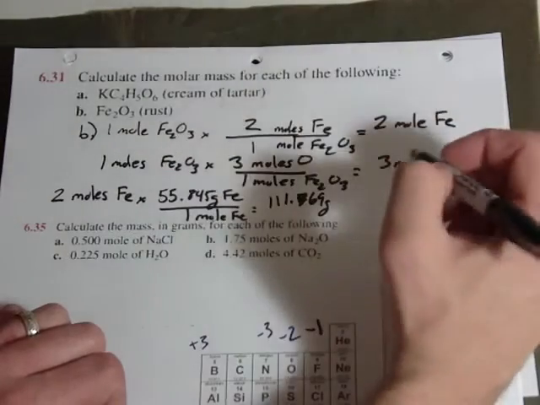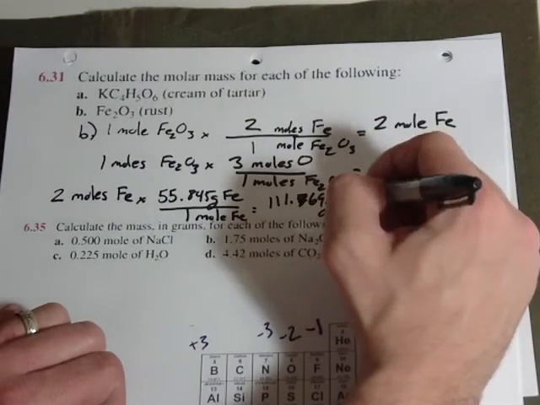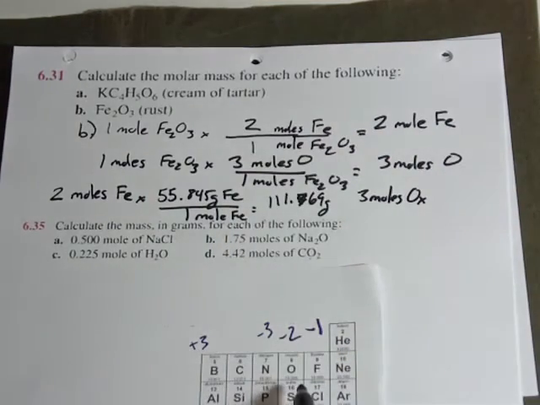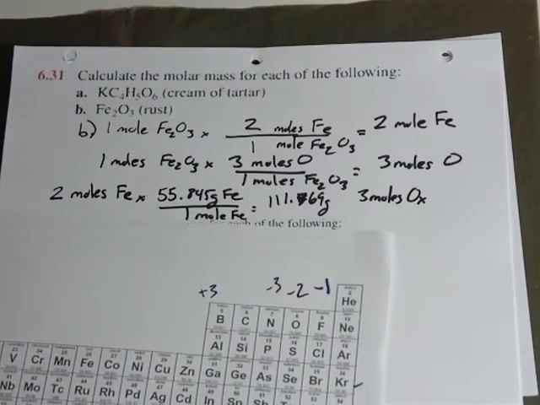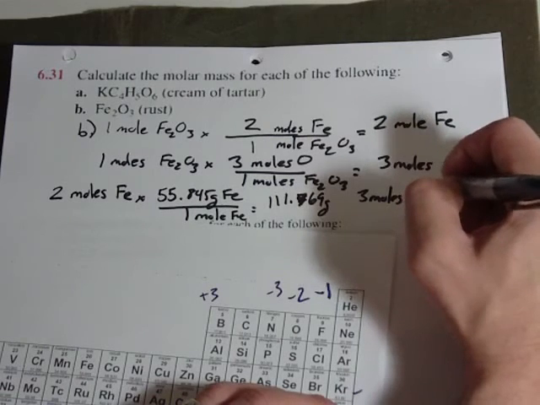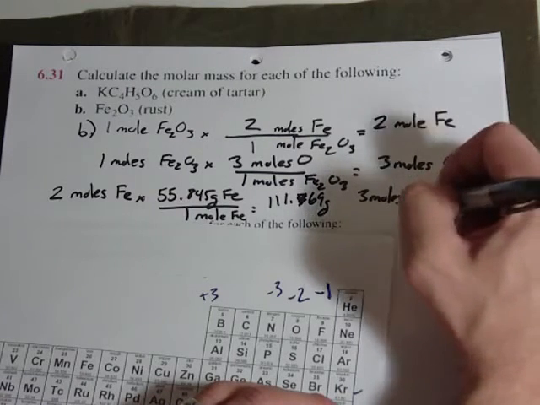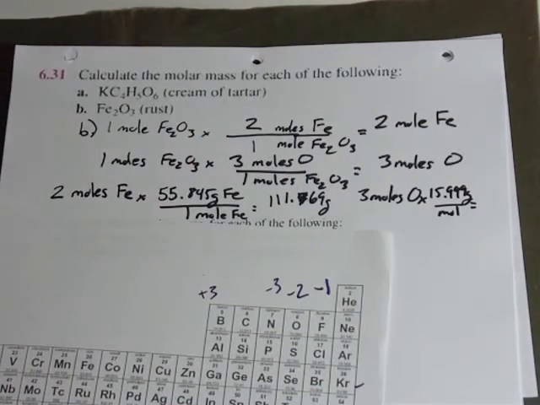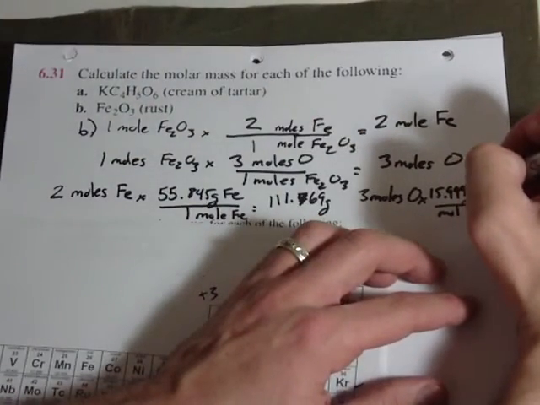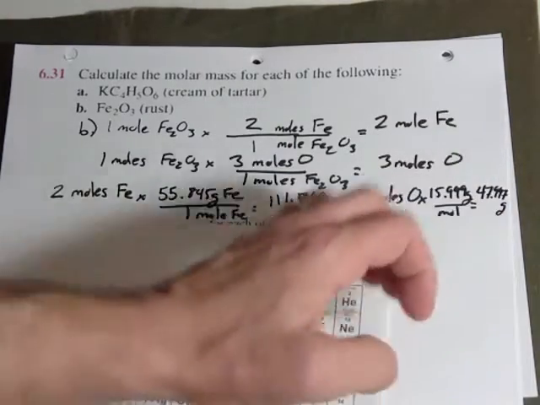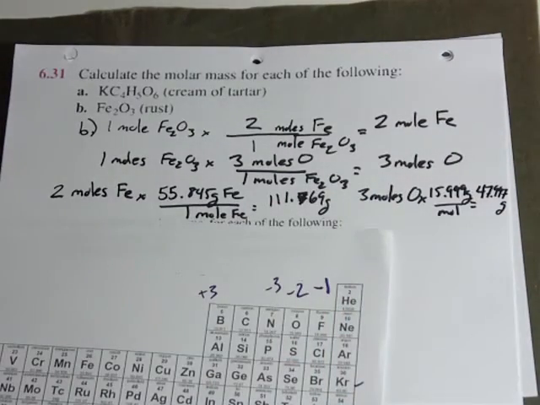And for oxygen, we have 3 moles of oxygen, and that is multiplied by, I didn't even show the iron. Oxygen has an atomic number of 8, and that's 15.999 grams per mole. And we get 47.997 grams. Sorry if it's not clear.